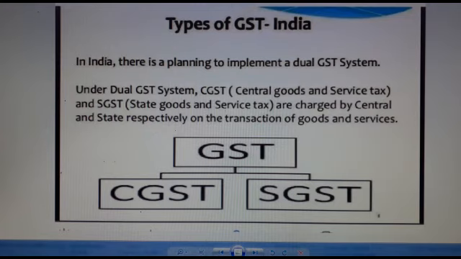Second is SGST. S stands for State, G for Goods, S for Service, T for Tax. State Goods and Service Tax, which is paid to the state government.